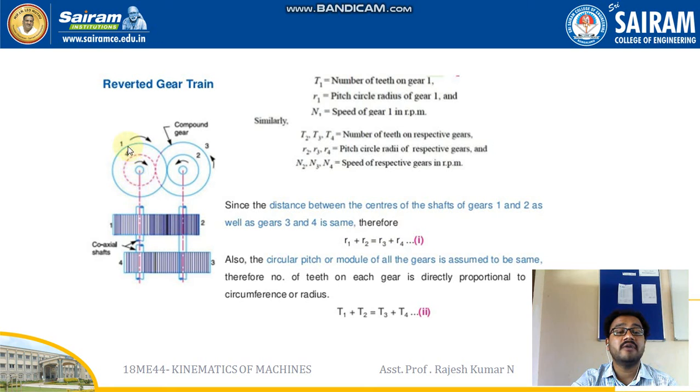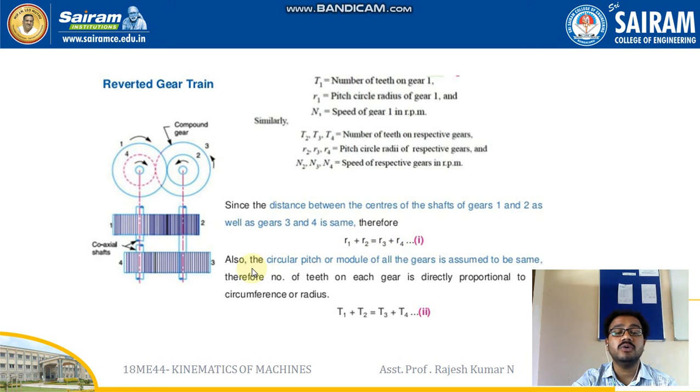It will be R1 plus R2, from here to here, R1 plus R2, which will be equal to R3 plus R4. From this point to this point it is R1, again from this point to this point it is R2. So R1 plus R2 will be, for fourth and third, R3 plus R4.